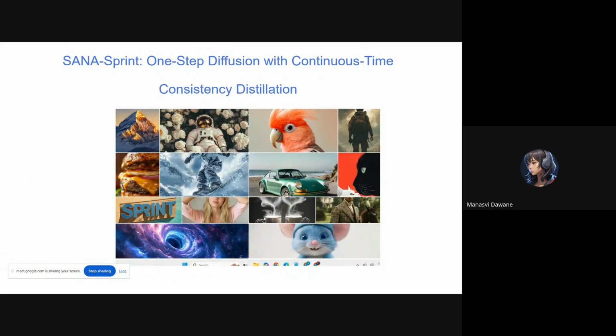Now, Sana Sprint. It's also similar to both the models, but the only feature or step added here is distillation. But this looks really good and realistic.